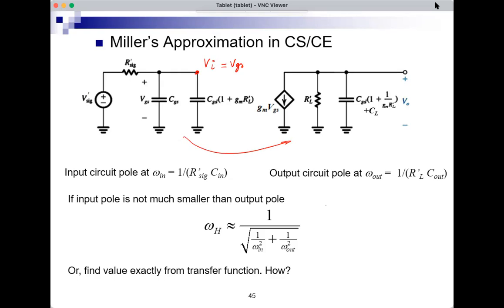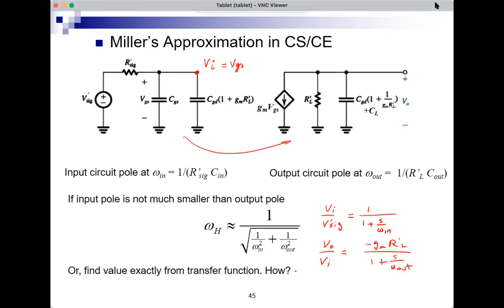VI over V prime sig is 1 over 1 plus S over omega n. VO over VI is minus GM R prime L divided by 1 plus S over omega out.